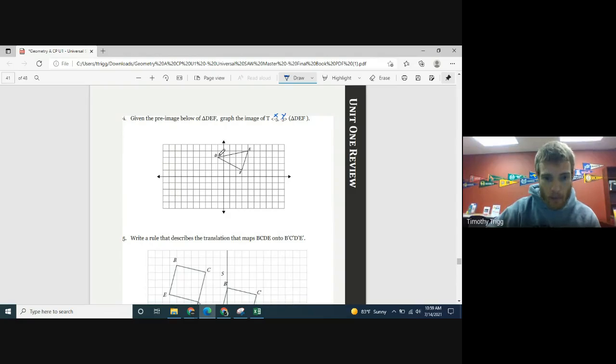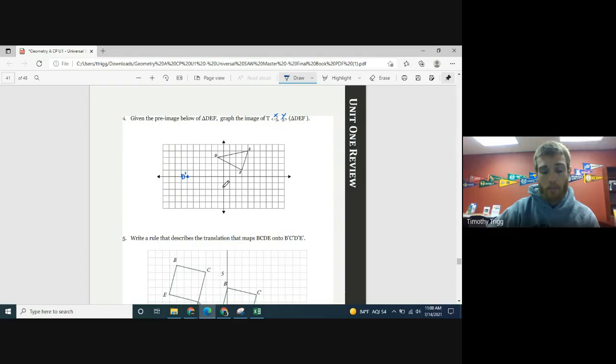So for example, if I'm looking at D here, D is right here. Now I want to shift it, translate it, 5 to the left and 3 down. So from here, I go 5 to the left, 1, 2, 3, 4, 5, and 3 down, 1, 2, 3. Now I'm going to label this as D prime.